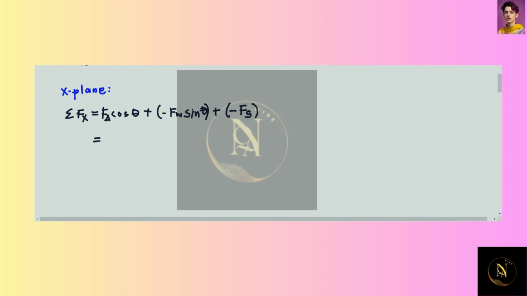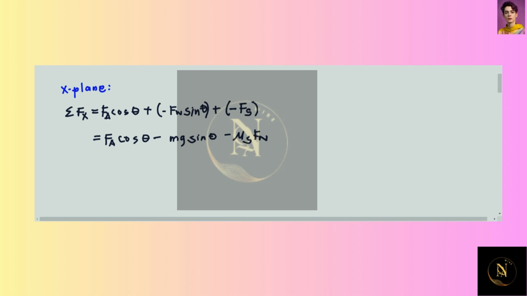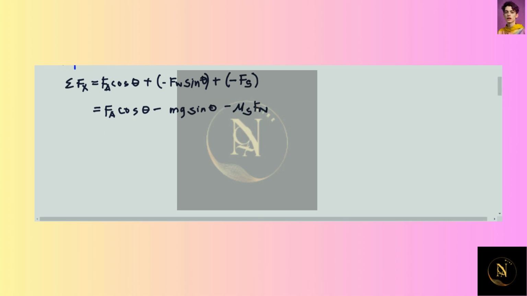Then we have Fa cosine theta minus mg sine theta minus mu sub s F sub n. Also, according to the first law, this summation is equal to 0.